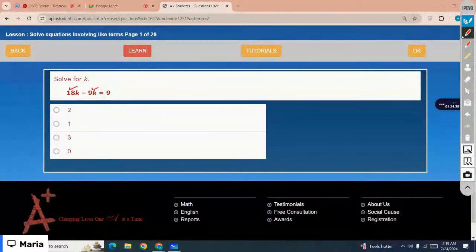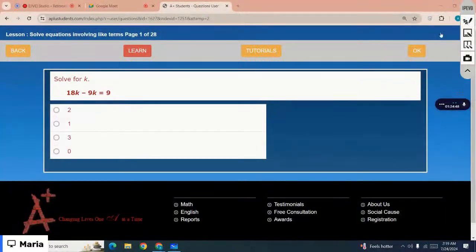They have the same variable. So 18k minus 9k is 9k, and 9k equals 9. Now you have to isolate k, so k equals 1. Option number 2 is the correct option.